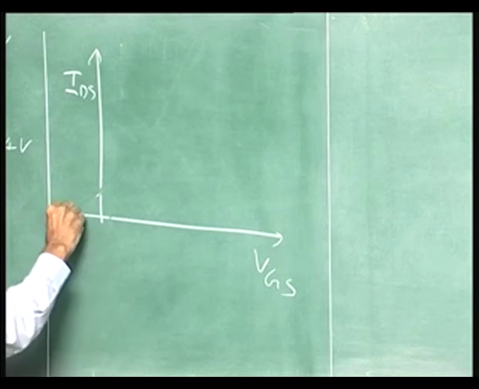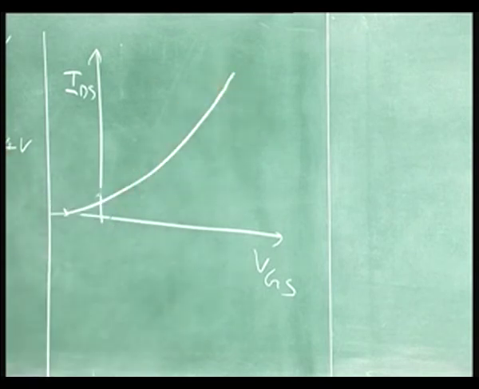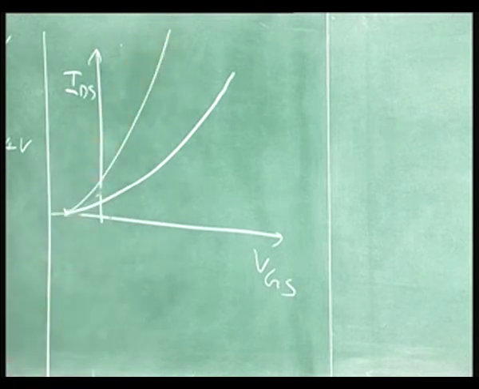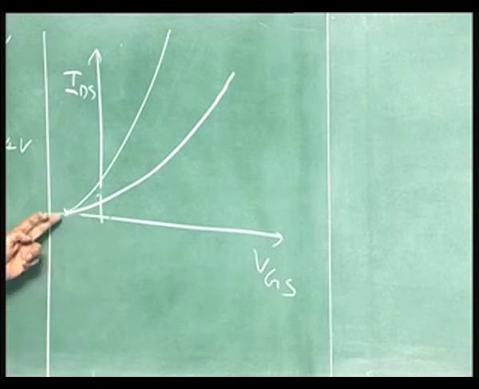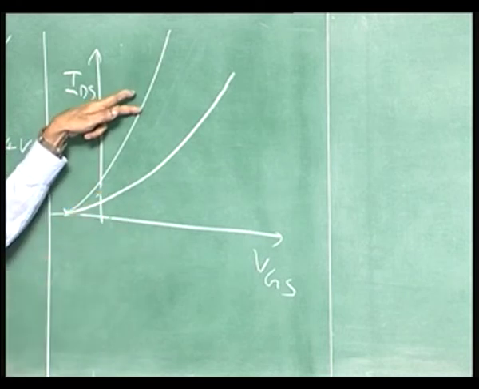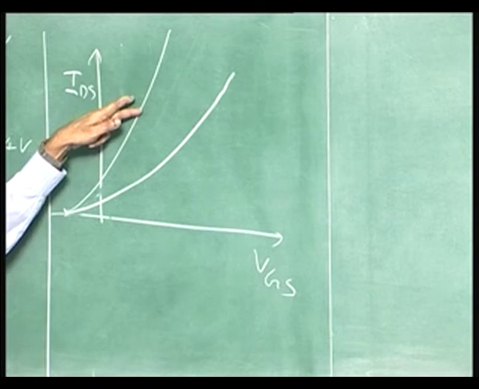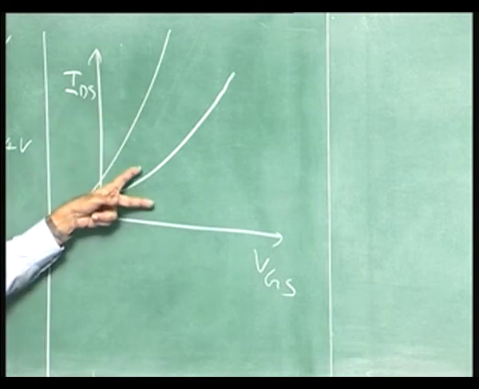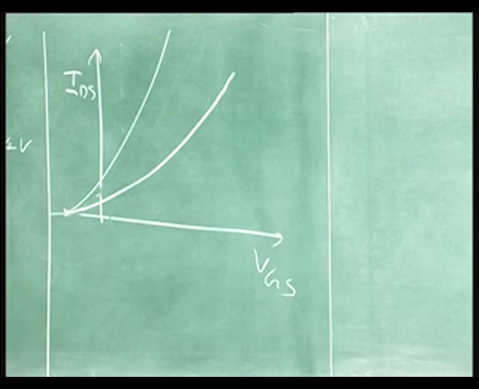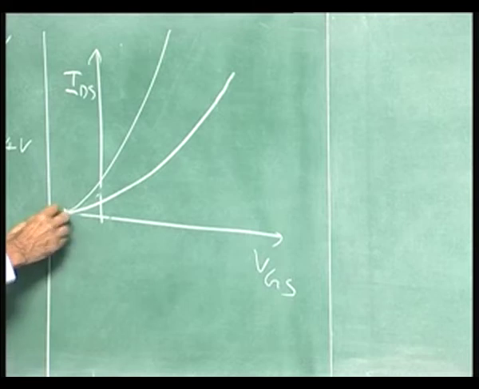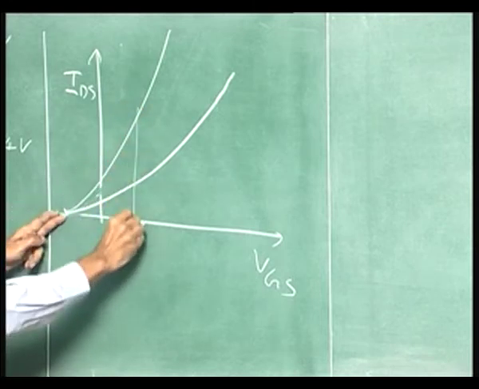That is the square law. If the threshold voltage remained the same, you would have got it like this, because for the same change in the gate voltage, the current is much more: VGS minus V threshold, squared, into mobility or other terms. Mobility is better, so if VGS minus V threshold remains the same, I would have got better current.